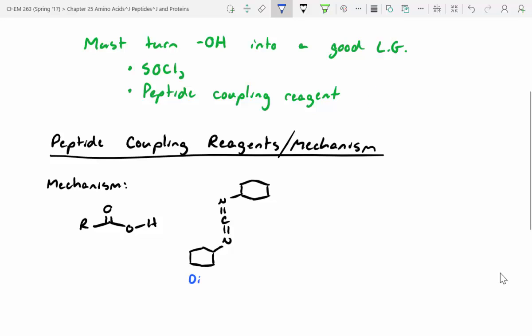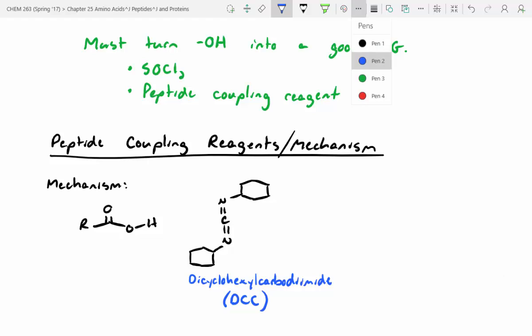This is your dicyclohexylcarbodiimide. People just call this DCC. And in the first step of this reaction, all you're going to do is a proton transfer. So these nitrogens on your DCC can reach out, grab the proton off of your carboxylic acid, and give you your carboxylate salt.